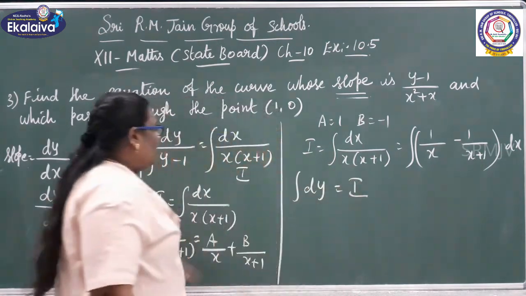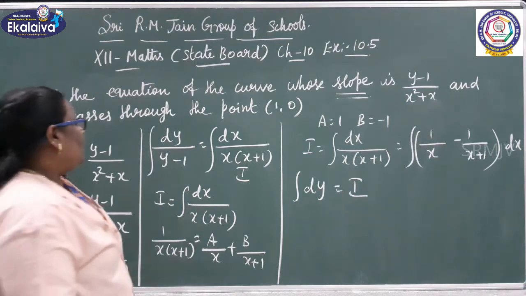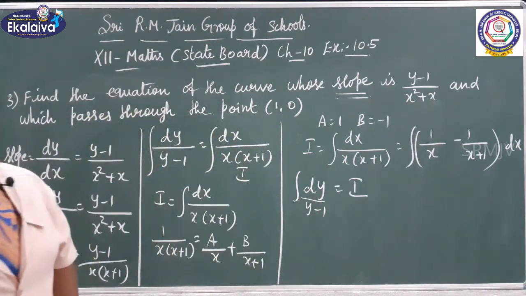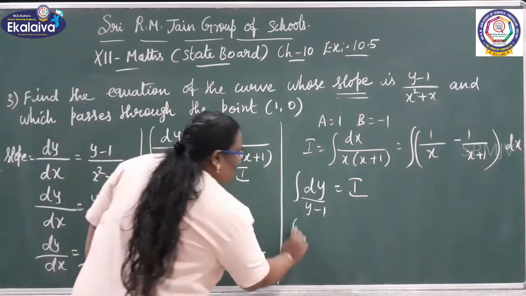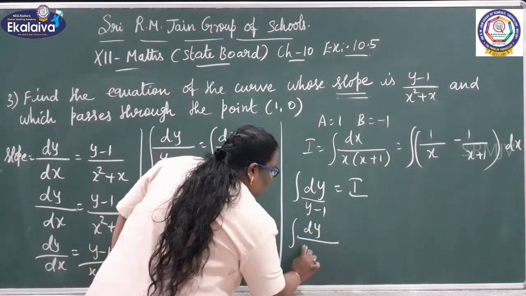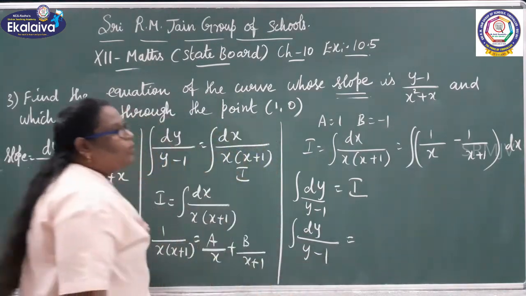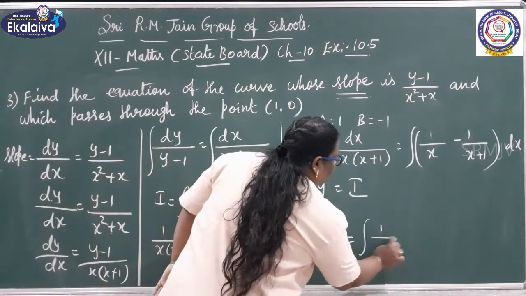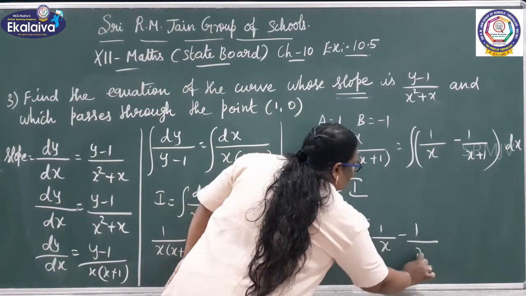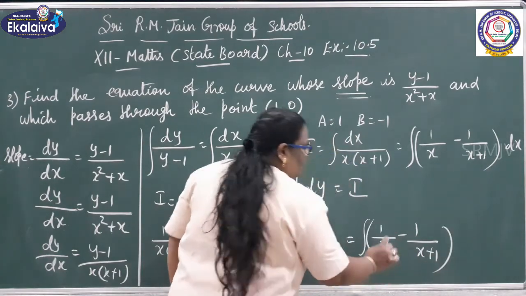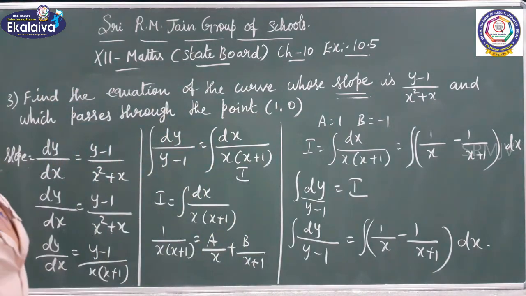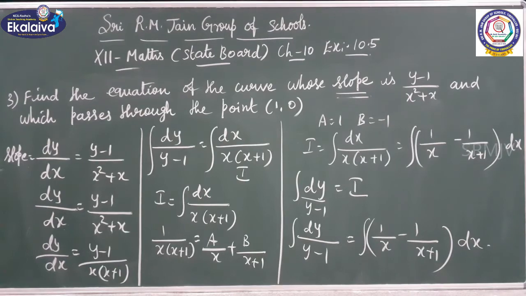Integral dy by (y minus 1) equals I. So integral dy by (y minus 1) equals integral of 1 by x minus 1 by (x plus 1) into dx.